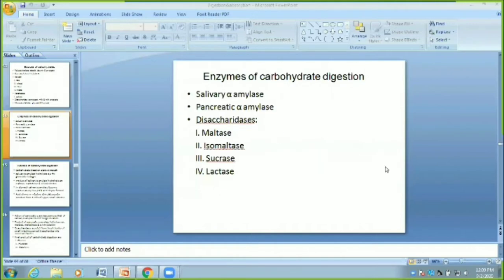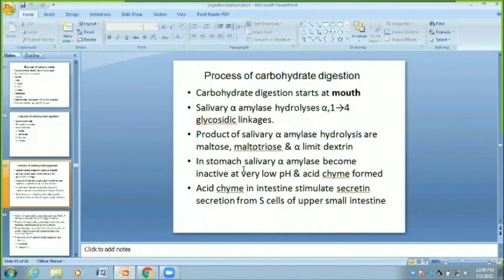Disaccharidases are constituents of intestinal juice, and include maltase, isomaltase, sucrase, lactase. Okay, this is old study, nothing new. These are the enzymes of carbohydrate digestion.